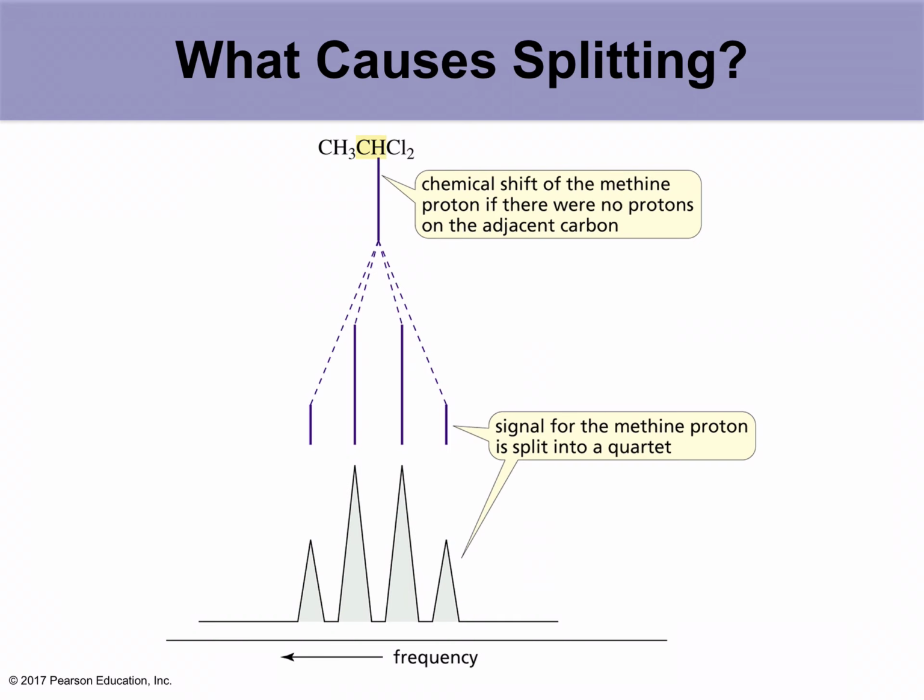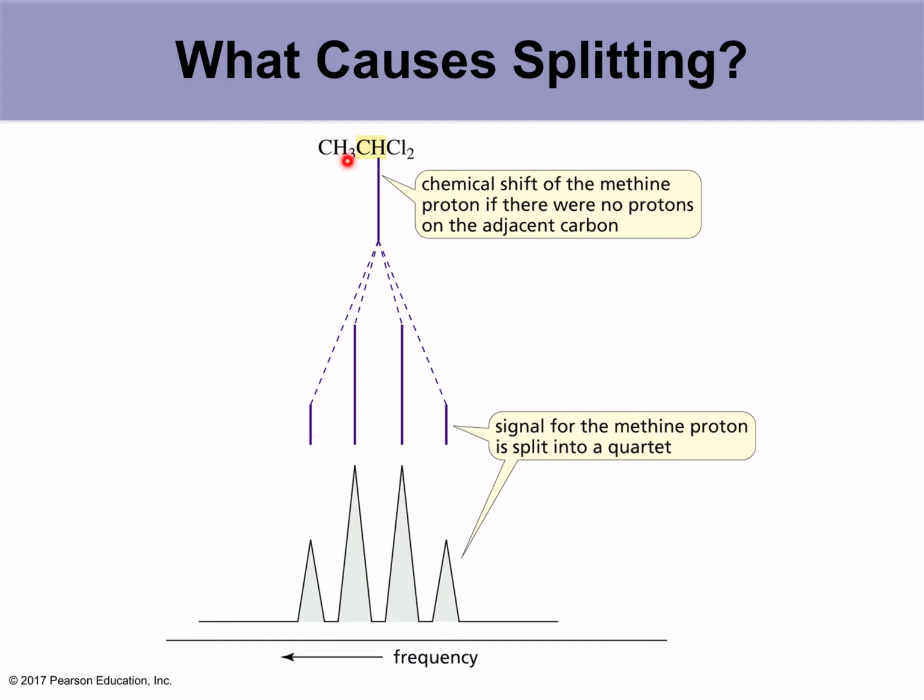And let's say you consider the middle hydrogen. If you don't have any hydrogens on the adjacent carbon, you will have just one singlet. But now if you look at this hydrogen, there are 3 hydrogens on the next carbon.